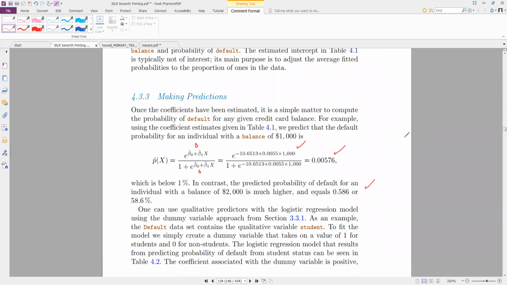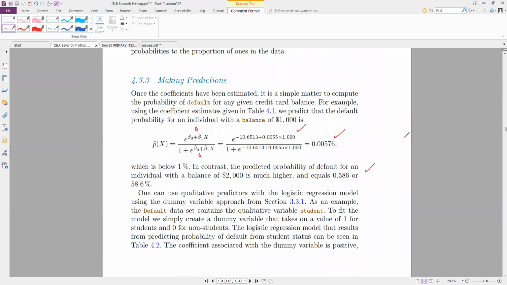Let's make predictions using our logistic regression. Once we've estimated our parameters, there's our intercept, and there's our parameter estimate for the input variable. What I'm going to compute is the probability. So I'm going to take the exponentiated logit. That's what that's doing. We're exponentiating the logit.